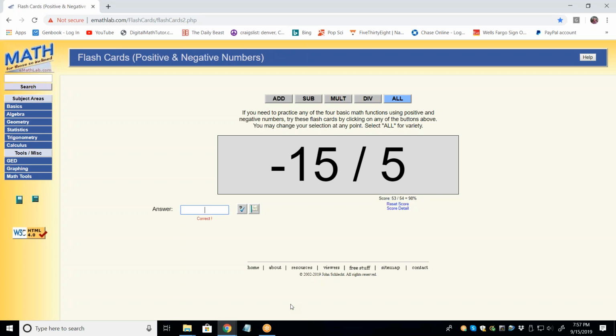This one? -5. Negative 3. Be careful on your 5s. Count by 5 for me. Count by 5. 5, 10, keep going. Stop. 15. You only had to go up 3 times, right? In other words, you started at 5, and then you went to 10, then you went to 15.